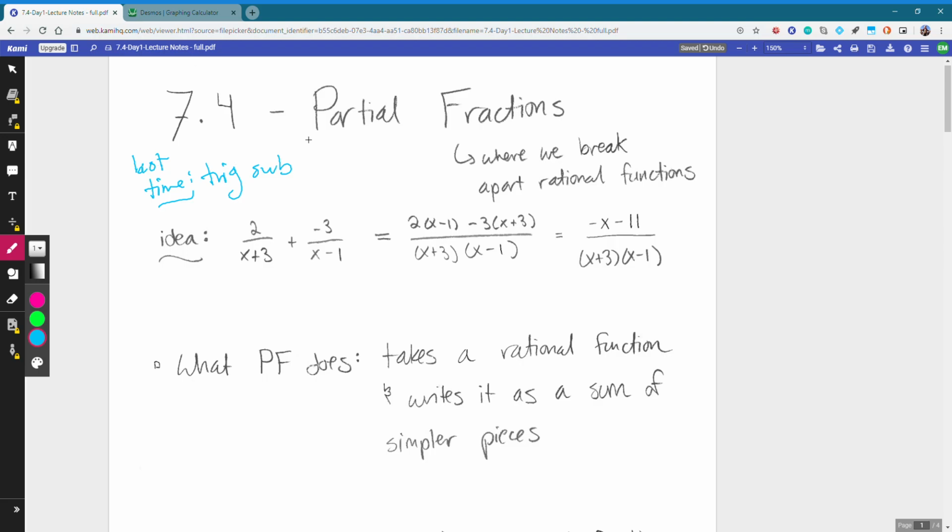Today's technique, partial fractions, looks to take rational functions and break these up so we can integrate.